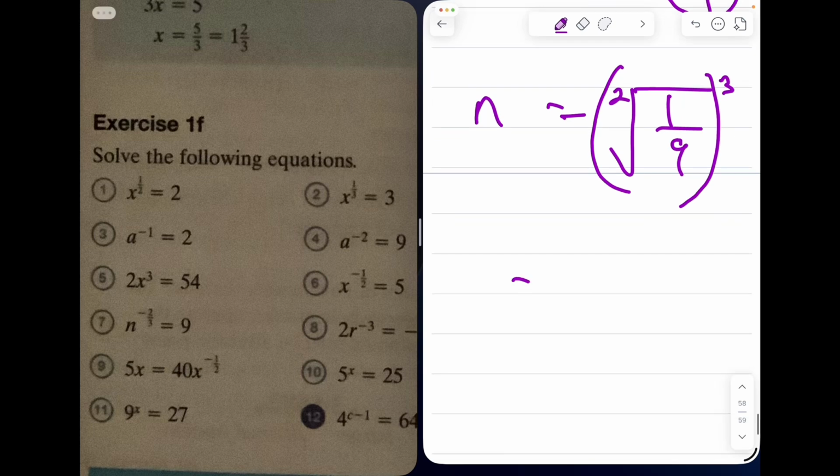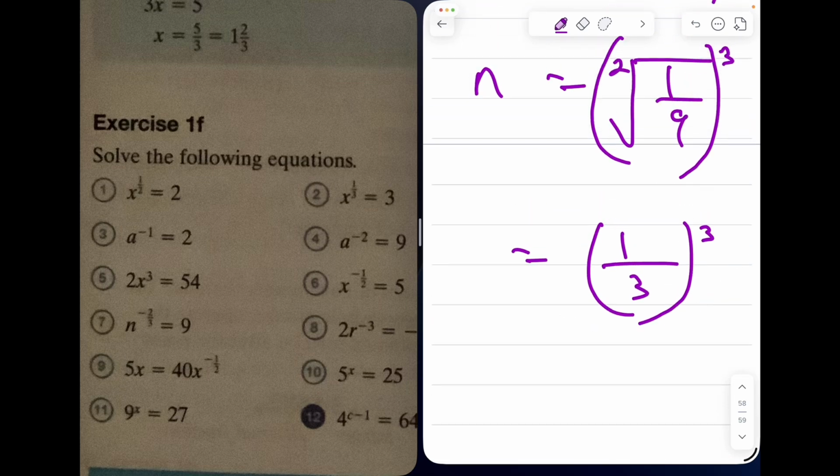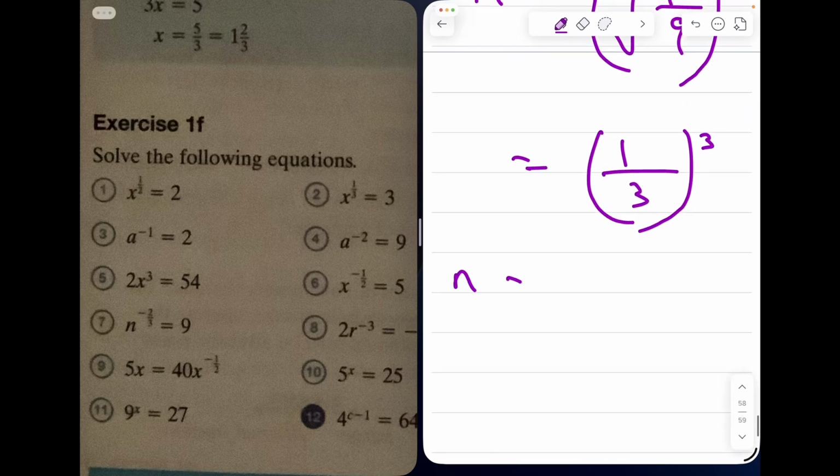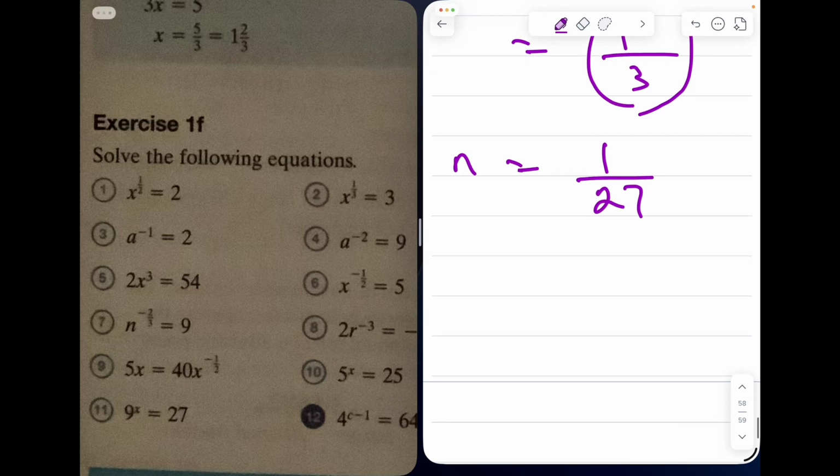And that simply means the square root of 1 is 1, the square root of 9 is 3. And that means the square root of 1 over 9 is going to be 1 over 3. And the cube of that will be 1 over 3 raised to the power 3. And now this simply means n is equal to the cube of 1 is 1, and the cube of 3 is 27.